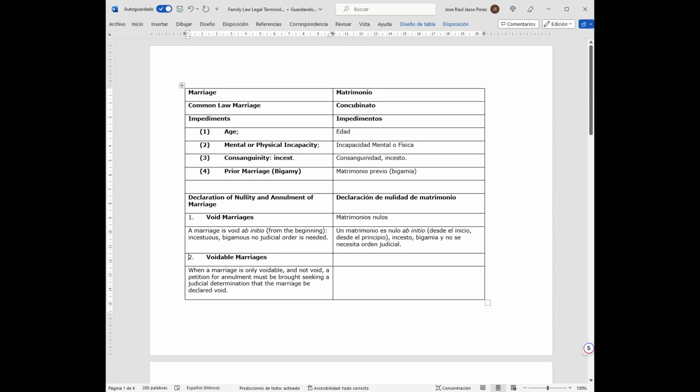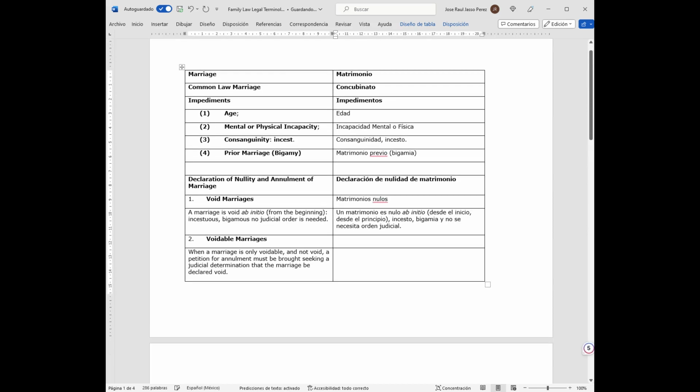Now, voidable marriages. Matrimonios que se pueden anular. Okay? So, when a marriage is only voidable and not void, a petition for annulment must be brought seeking a judicial determination that the marriage be declared void. Okay?